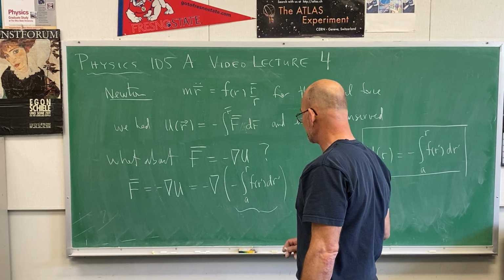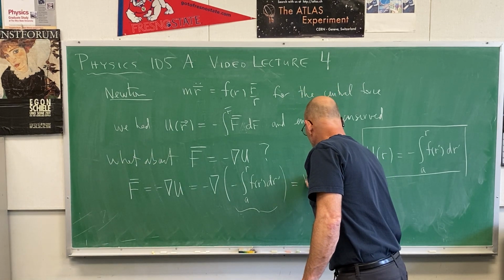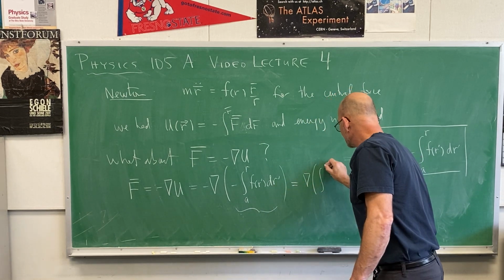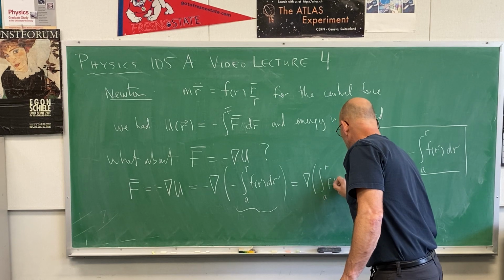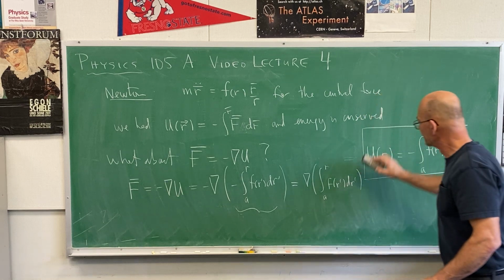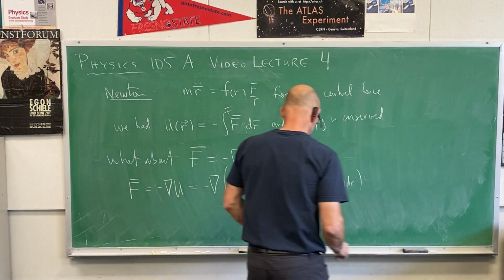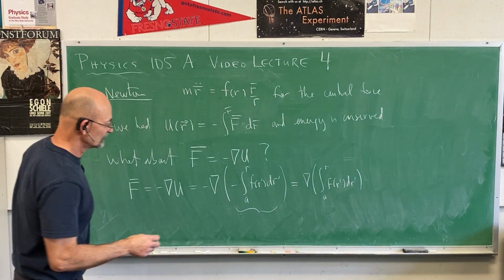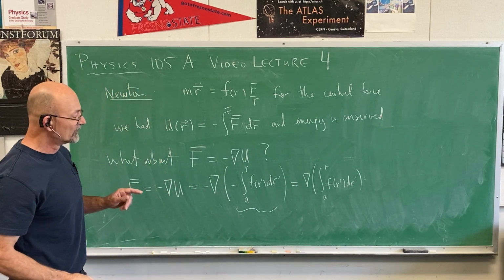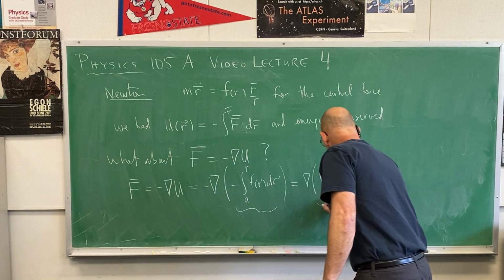This is some function. Let's just write this. So it's the gradient of this integral. This goes back to that homework problem that I put up there yesterday. This is, I'll give it a different name.